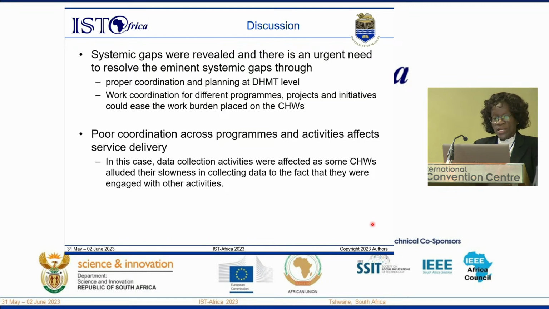They would be required to go for polio vaccination, COVID vaccination. On the other hand, they're the same people required to do data collection. So the work coordination for different programs, projects, initiatives, if properly planned, could ease the work burden placed on the community health workers. And this was highlighted, and efforts were made to rectify these issues.